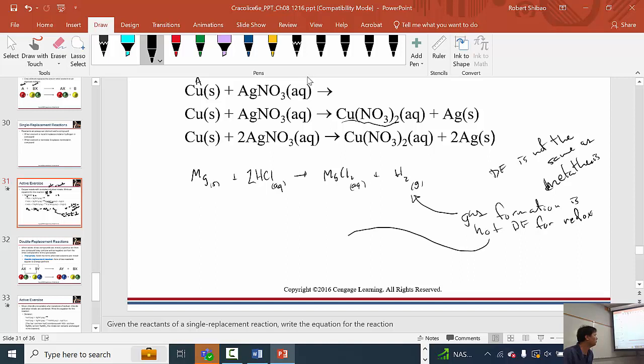Just to make sure, everything that we talked about, except for the single replacement, counts as redox, right? Yeah, redox so far. So where is the driving force?